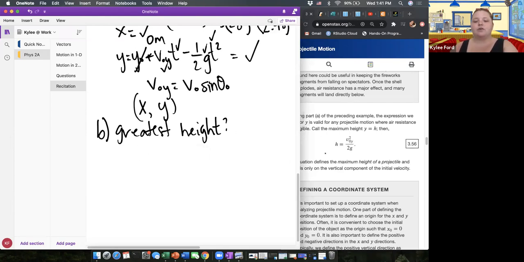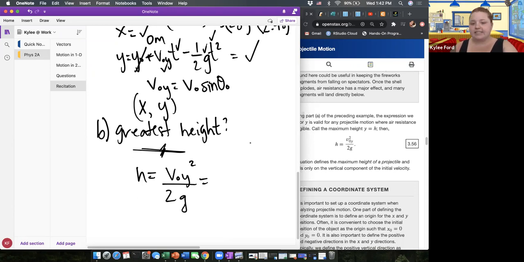So I'm going to use this equation here for my height. Now it doesn't want to erase. Well, that's bizarre. Okay, well, just ignore that. My greatest height, h, is going to be equal to v naught y squared divided by 2 times g.